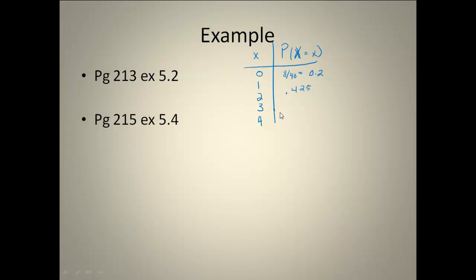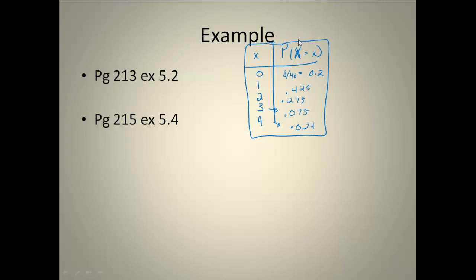Probability of 2 siblings would be 11 out of 40, and that would be 0.275. And the probability of 3 siblings is 3 out of 40, so that's 0.075. And the probability of 4 siblings is 1 out of 40. That's 0.025. So that right there would be our probability distribution.